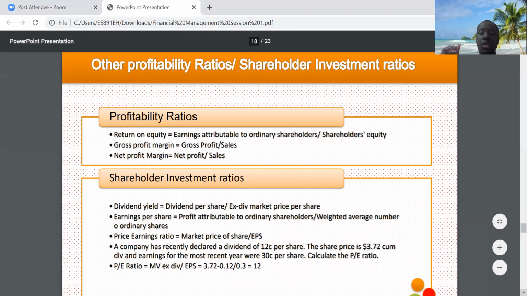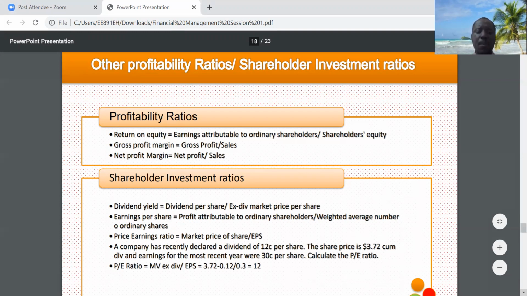Always remember that when you're calculating the PE ratio, you need the market value ex-dividend. So if you have the cum dividend, you need to take out the dividend portion to get to the ex-dividend. So what is the market value ex-dividend? The share price cum dividend is 3.72.